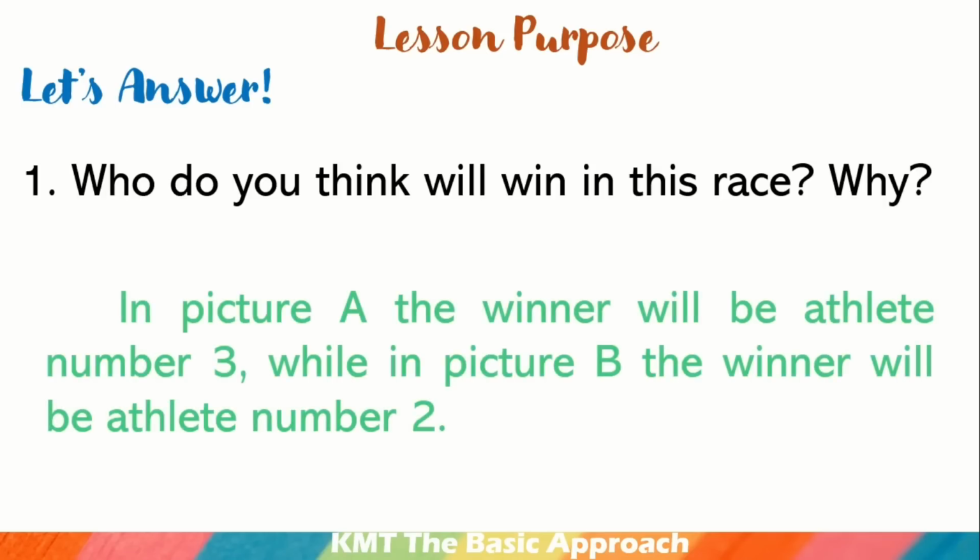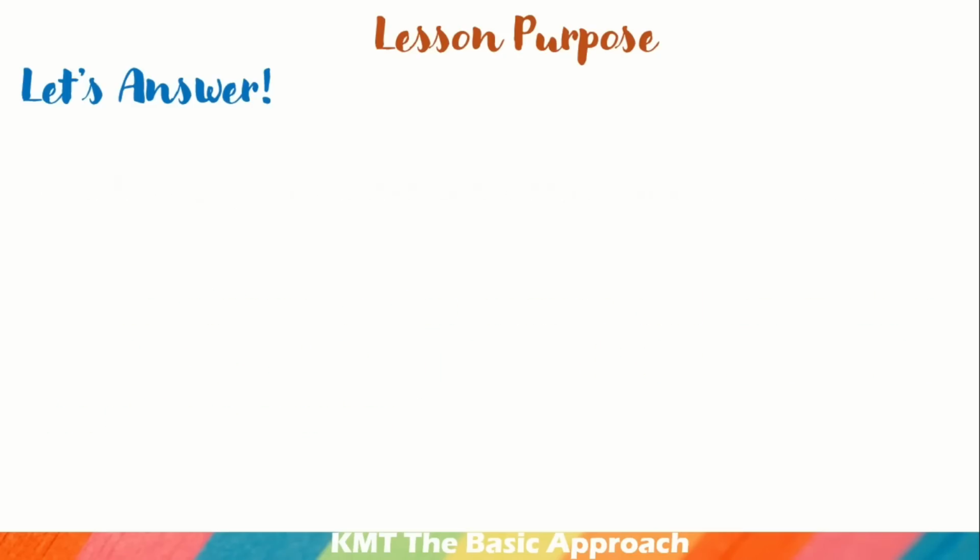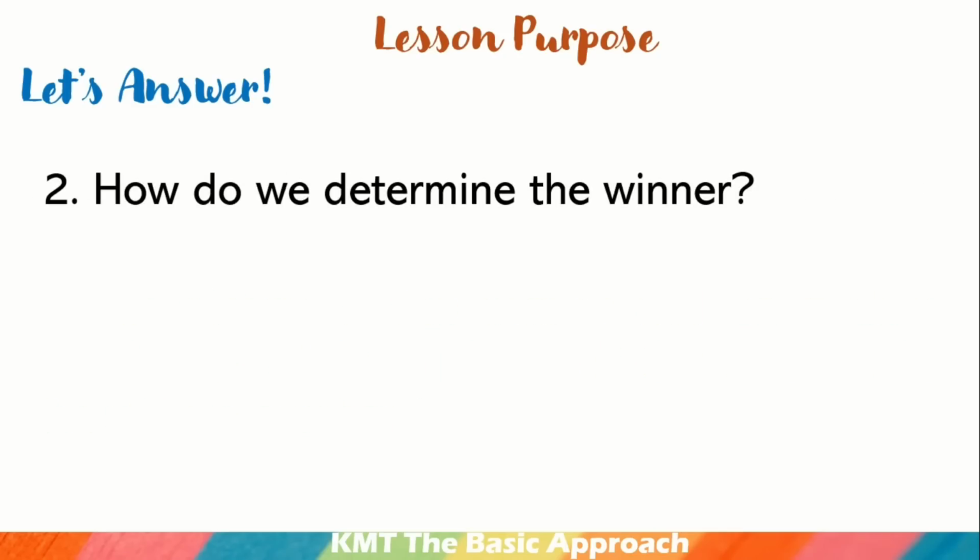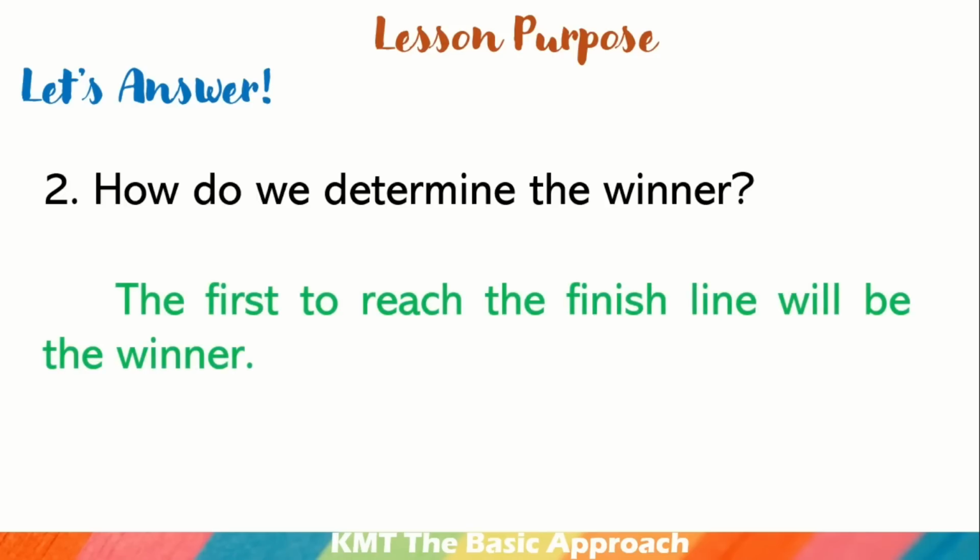Good job! In picture A, the winner will be athlete number 3, while in picture B, the winner will be athlete number 2. Number 2. How do we determine the winner? Correct! The first to reach the finish line will be the winner.